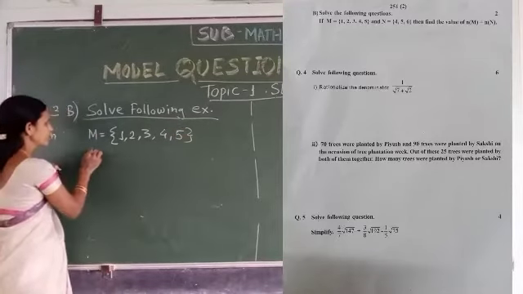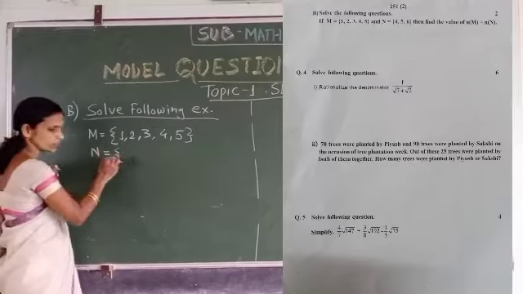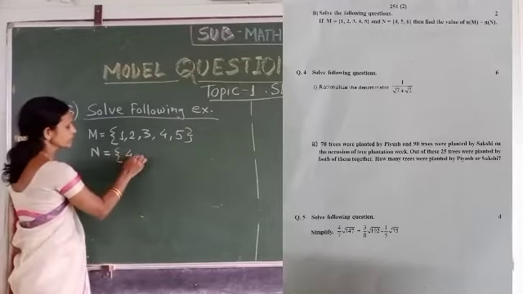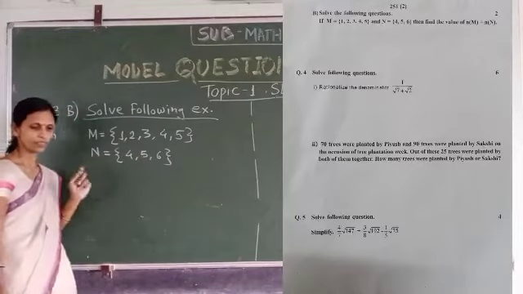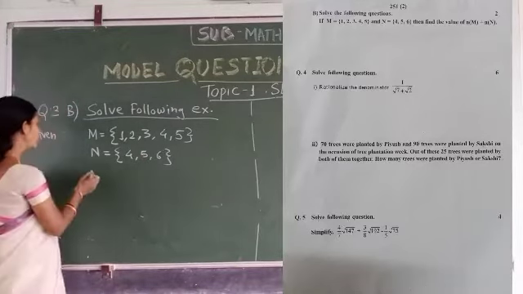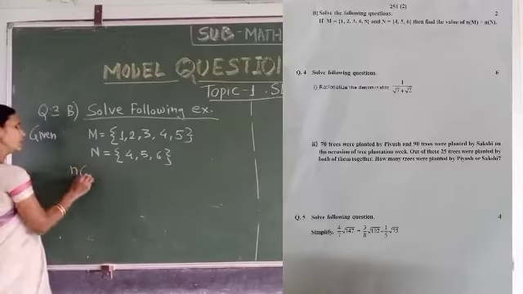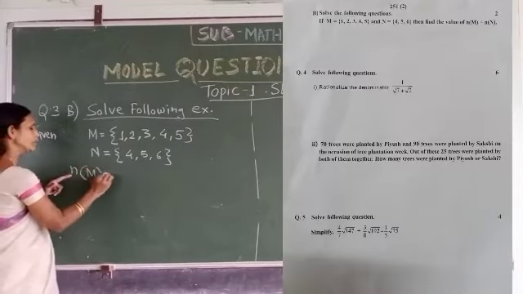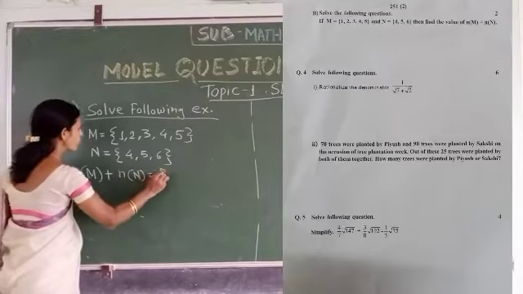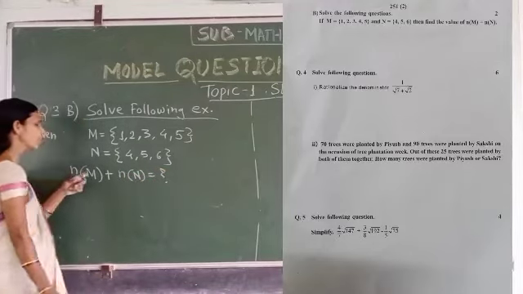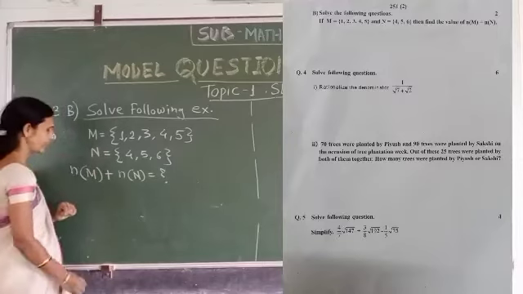The set N is also given, and its members are 4, 5 and 6. Then we have to find the number of elements in set M plus the number of elements in set N, that is the sum of the total number of members in M and N.